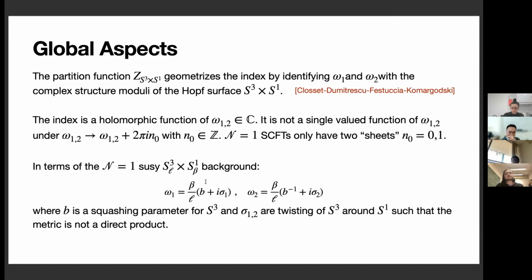So you can see that the shift that I gave here can be performed by shifting non-trivially these twisting parameters. So this tells you that if you want to probe the index on the second sheet, where there is a non-trivial shift of the fugacities, you have to consider non-trivial twisting of the S3 over S1. And so again, it is very important to understand that this will not be a direct product.